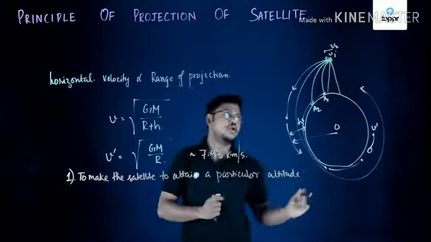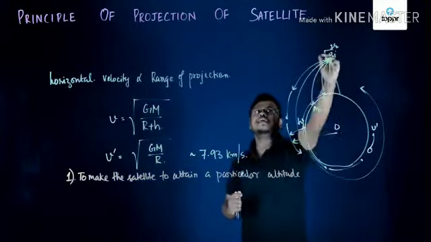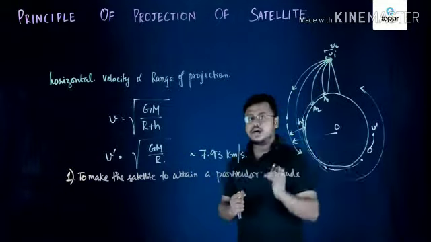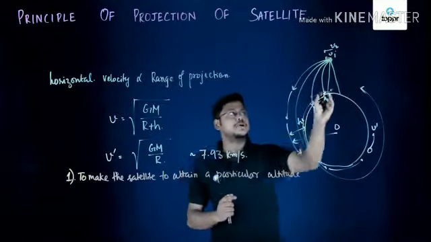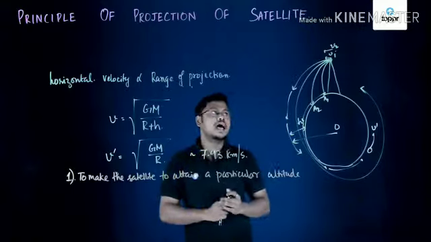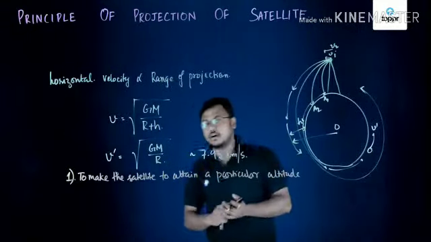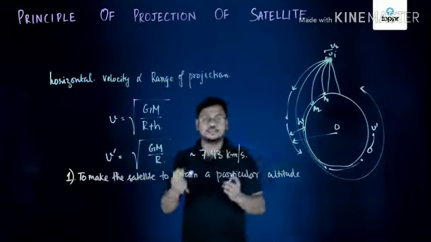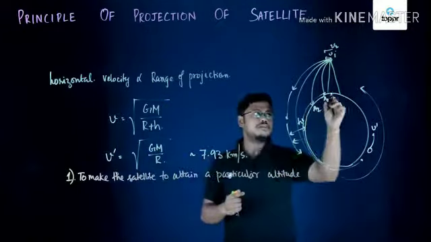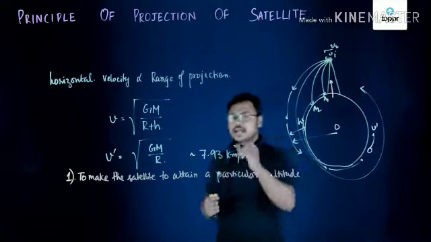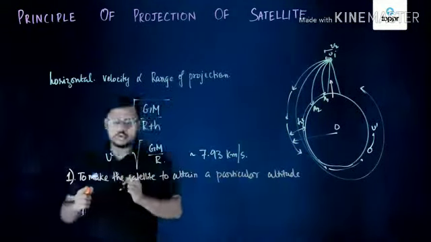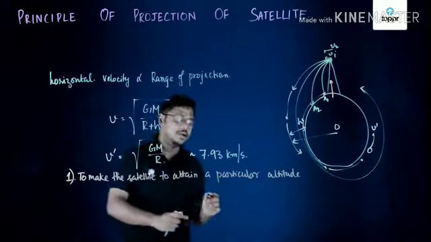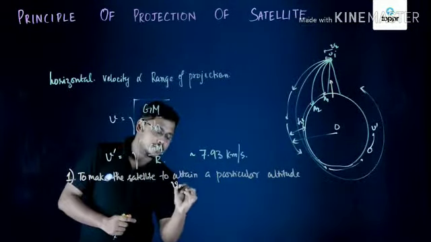Suppose you are going to launch the satellite from a particular height, because you can give the horizontal velocity only from a particular height above the Earth's surface, and it is not feasible to make a tower up to a height above the atmosphere. So for this you need to give a particular vertical velocity, which we call escape velocity. So to make the satellite attain a particular altitude, we apply the escape velocity.